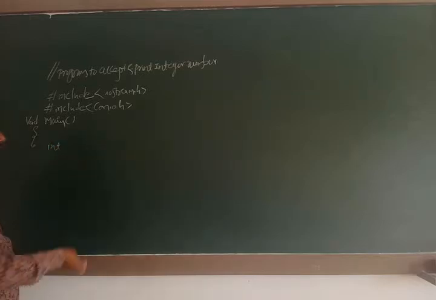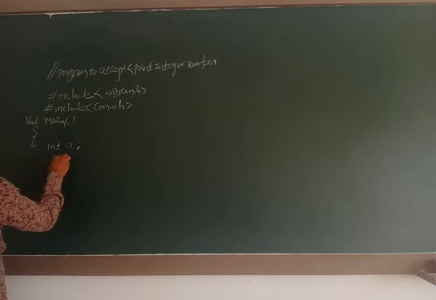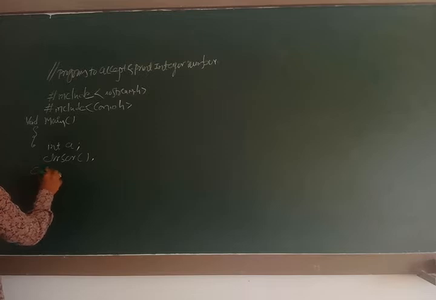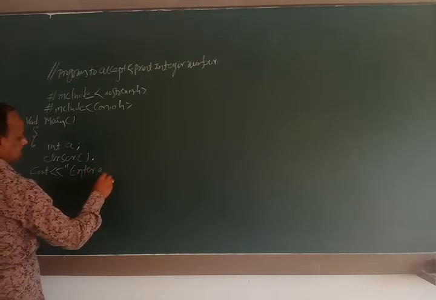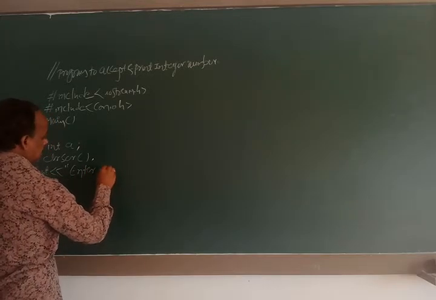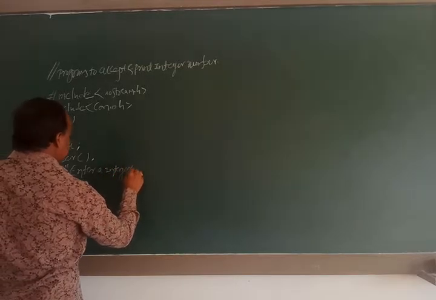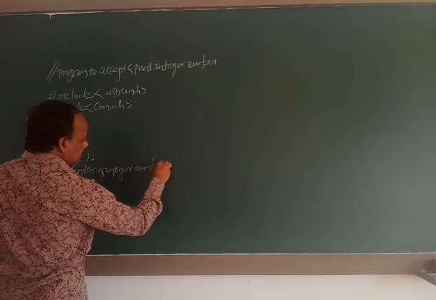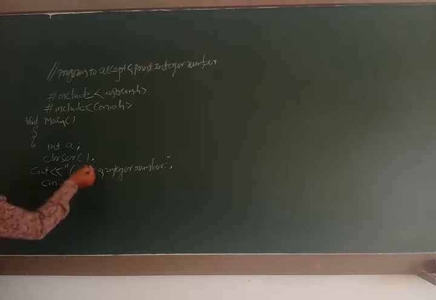We have to accept an int, therefore declare the data type as int a. clrscr, clear screen. cout "enter an integer number". cin, so we are going to store in a, right? That entered number, therefore a.